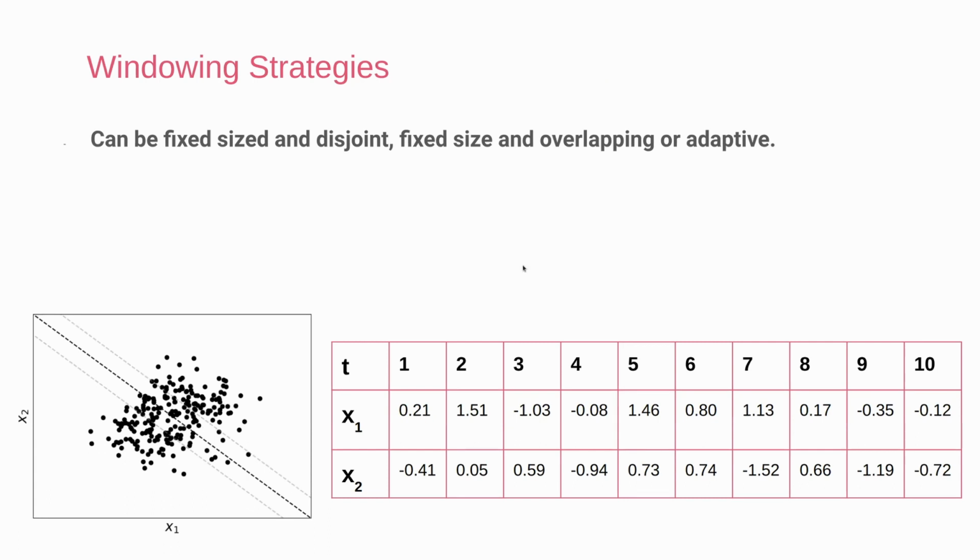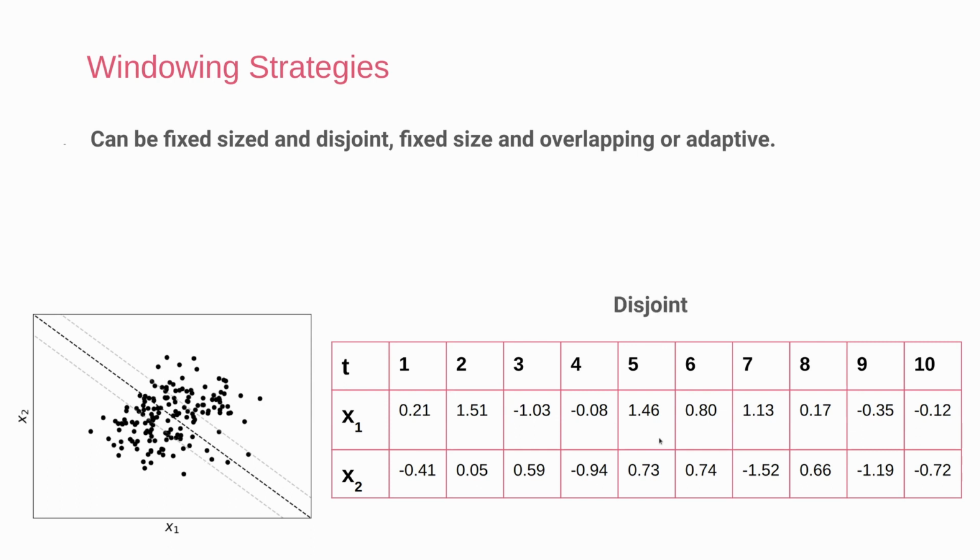Okay, so for this problem of sequential change detection, detectors can be usefully categorized by how they window the data. So if we consider data arriving sequentially, so time steps 1, 2, 3, 4, etc. These are the features plotted here. There's various ways that we can window this data.